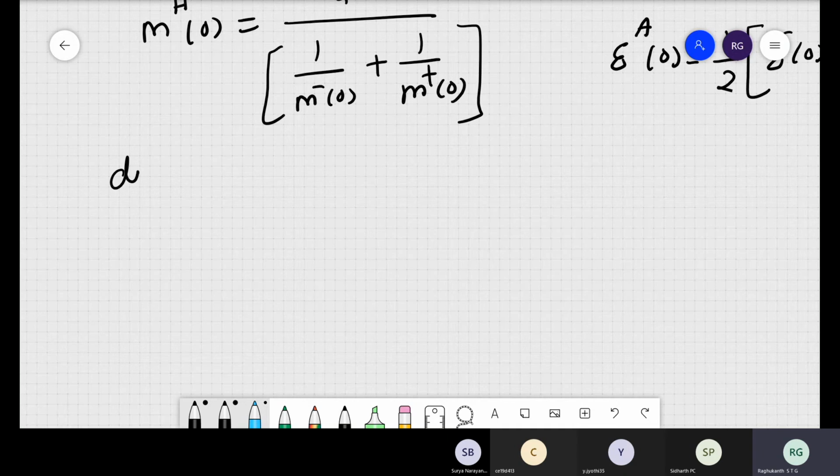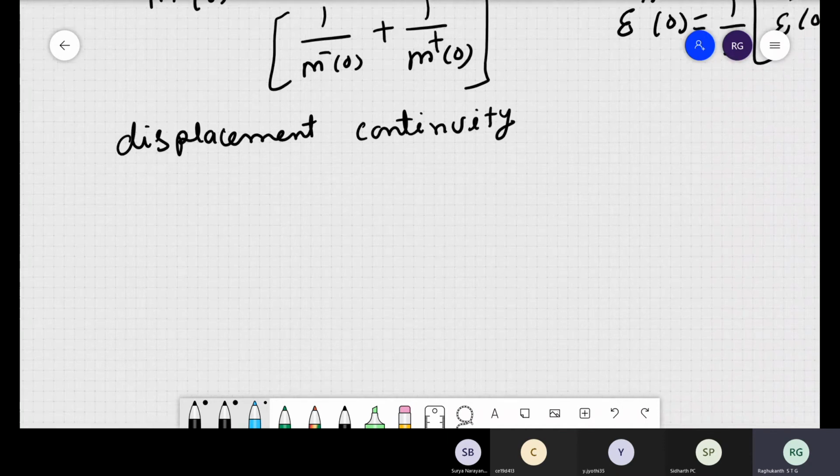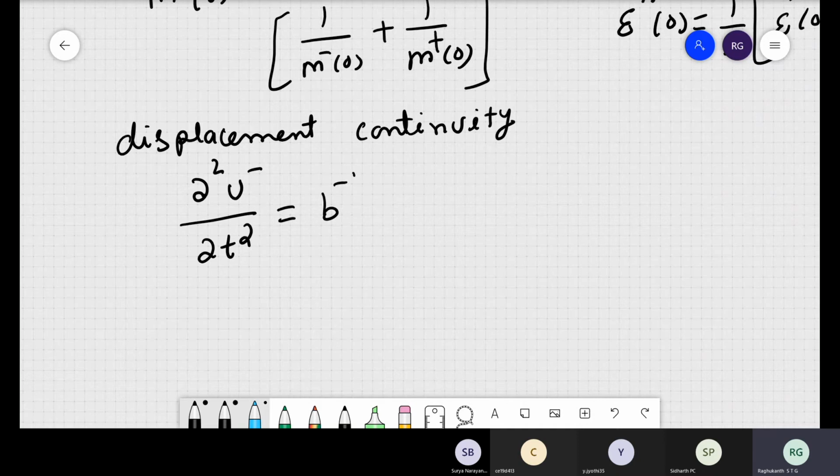Now this is for stress continuity. Now we want to handle displacement continuity also. So we know the equations of motion: dou square u minus by dou t square is b minus, where b is nothing but 1 by rho, times dou sigma minus by dou x.